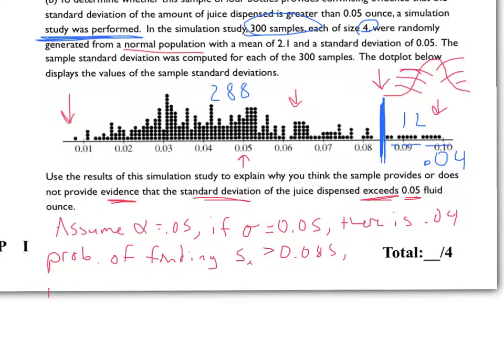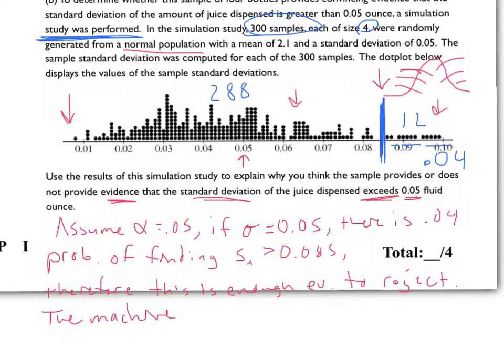Therefore, there is enough evidence to reject the null. The juice machine does have a standard deviation above 0.05.